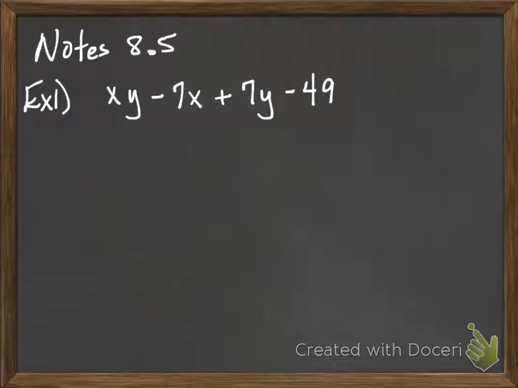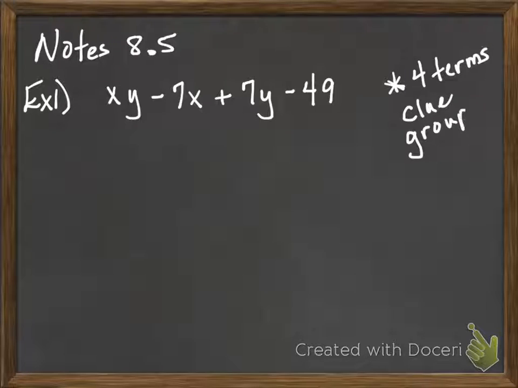Another clue is that there are 1, 2, 3, how many terms? 4 terms. When there's 4 terms, write this down, that is a clue that you're going to do something called grouping. Factoring by grouping.